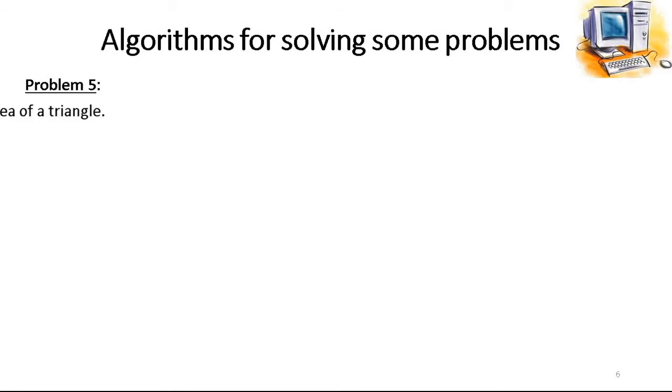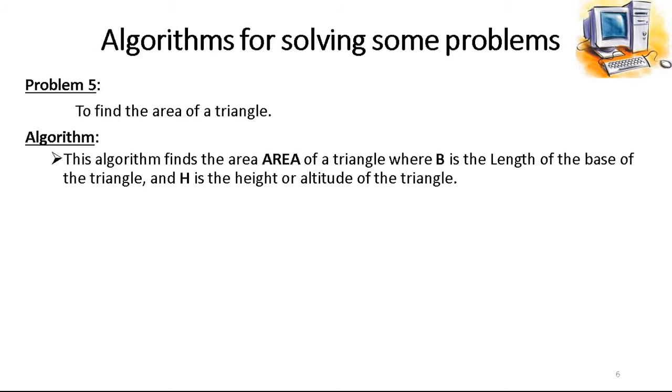Fifth problem says to find the area of a triangle. In algorithm, this algorithm finds the area, and the variable will be AREA in capital, of a triangle where B, capital B, is the length of the base of the triangle, and H is the height or altitude of the triangle.